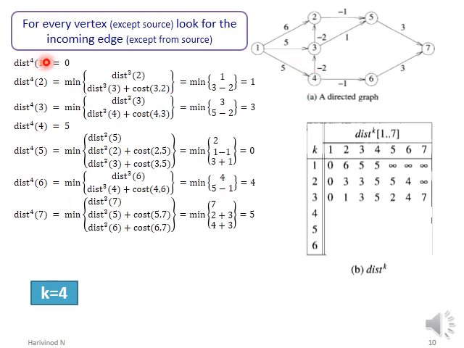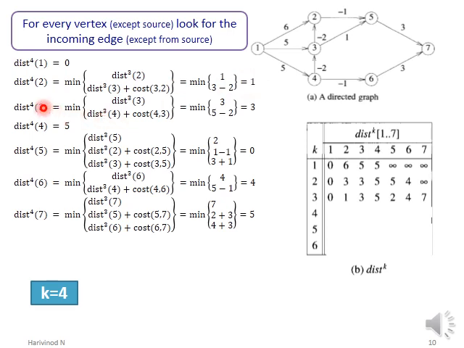Distance of 1 is equal to 0 itself. For 2, the earlier distance is 1. See whether we have some better distance. From 3, it is 3 minus 2, that is 1. The earlier distance is 1 and the new distance is also 1, so the minimum is 1.